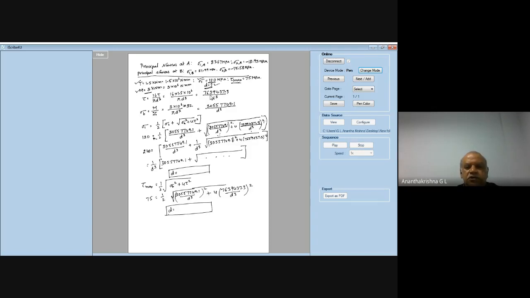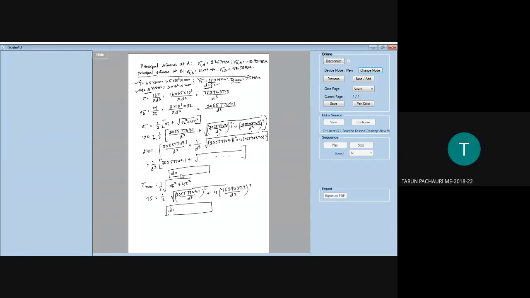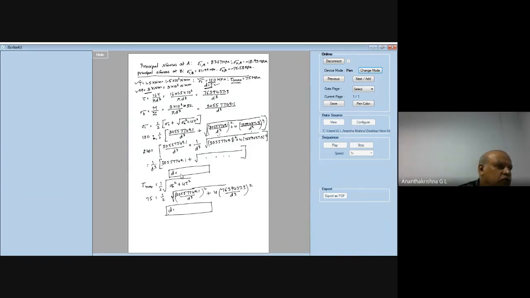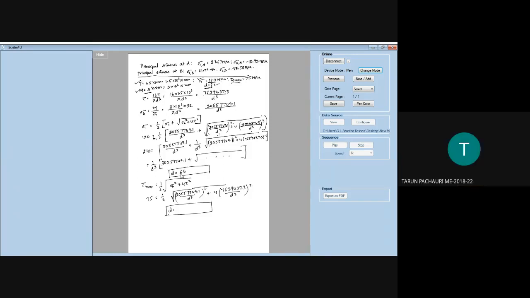Others, please check, substitute the equations. Write the equation, substitute the values, and get these values. If you are not getting, please let me know. For principal stress, I'm getting d as 64.61 mm. Principal 64.6, correct? Yes, sir.